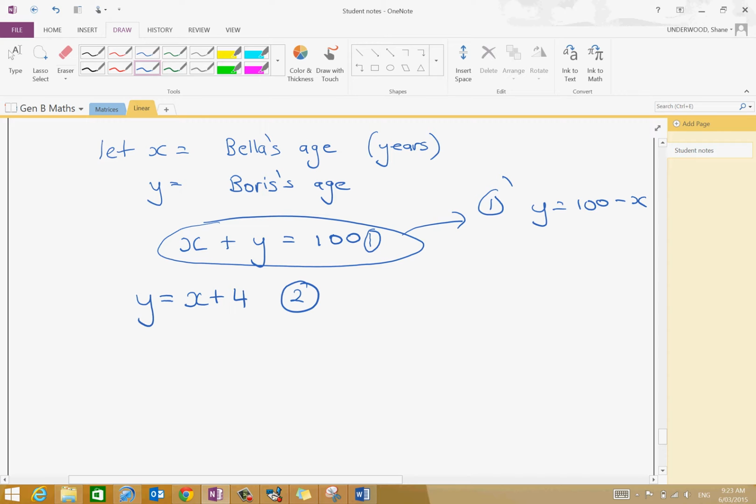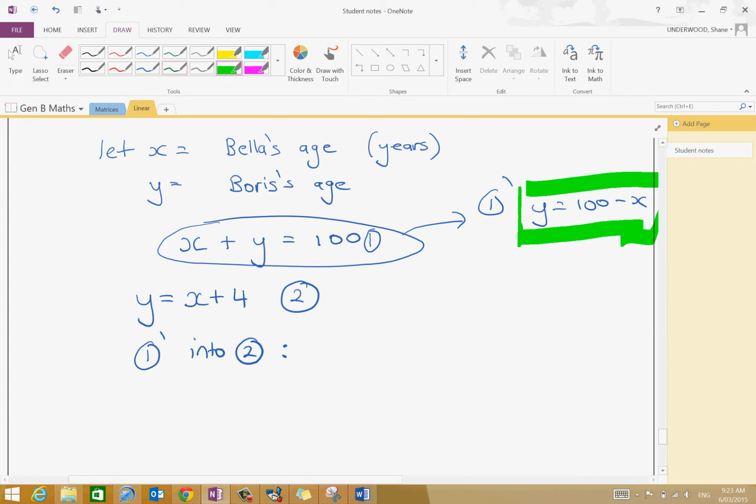Then I could sub equation 1 into equation 2. Write out what you're doing: wherever there's a y, I can replace it with 100 minus x, effectively eliminating one of the variables, which means we can solve.